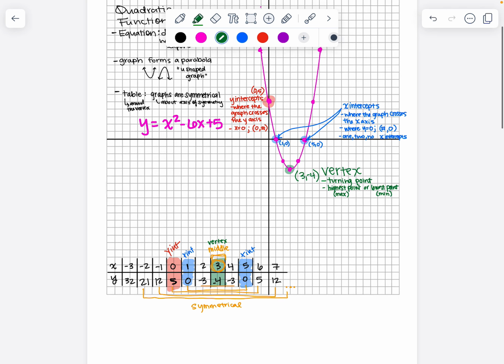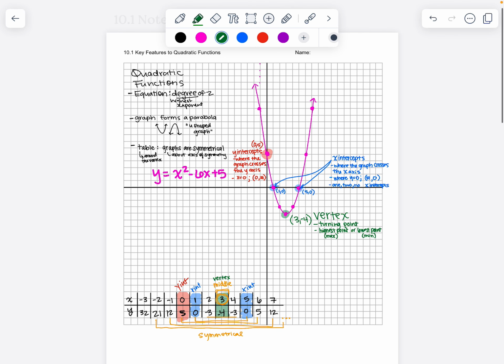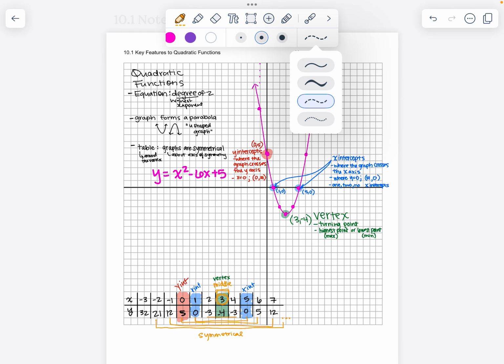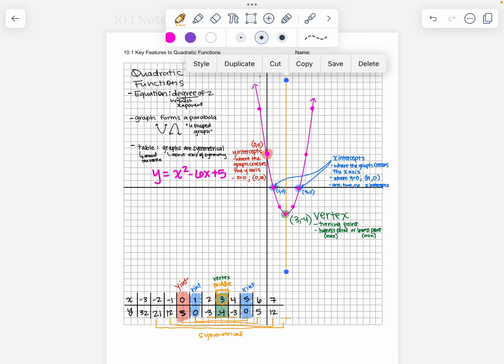All right, last thing, we're going to go back to that idea of symmetry. And we know it is symmetrical about that vertex or that middle. So there exists what we call an axis of symmetry, or a line about which it is symmetrical. It's a line that cuts right down through the middle of our graph.